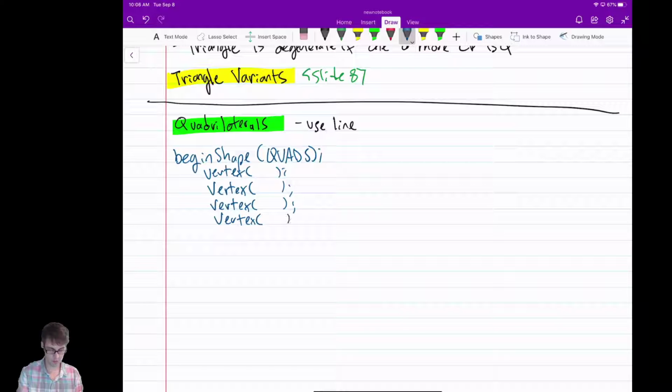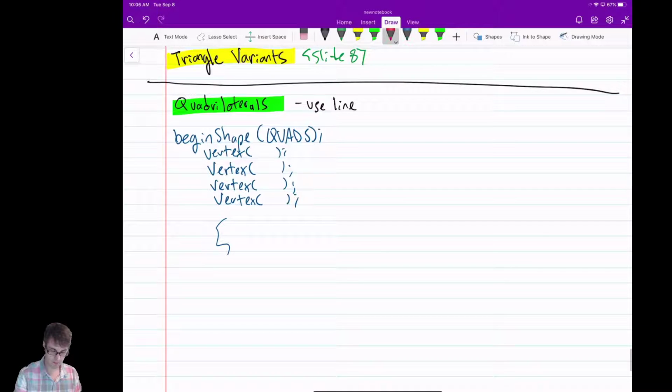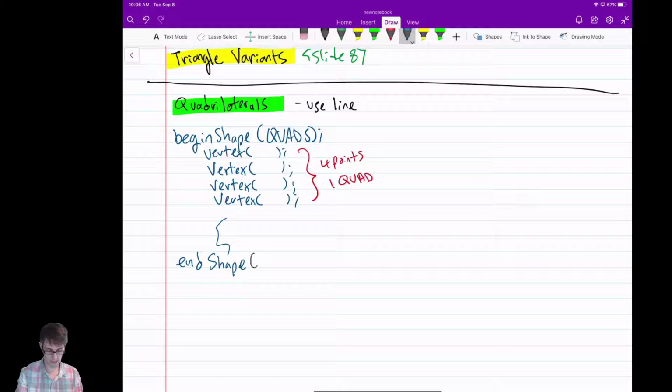Put four vertices, and that defines our quad. Four points, one quad, and we're good. And then, of course, we have to end our shape as well. End shape. Just like that.